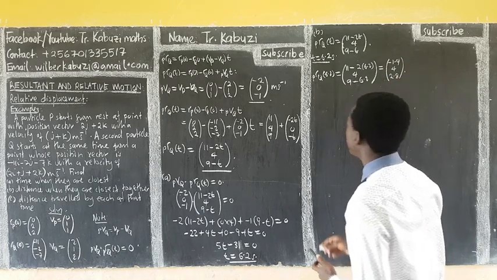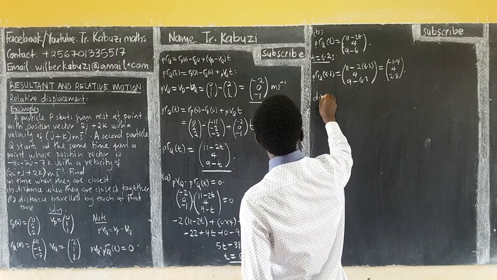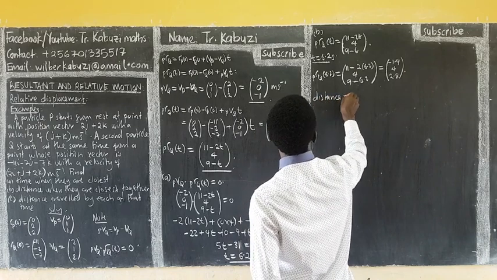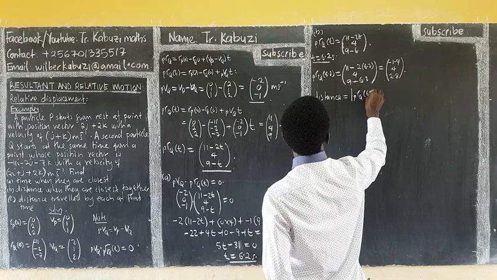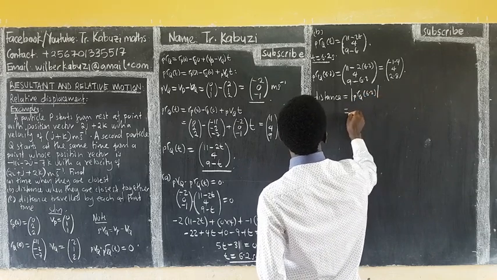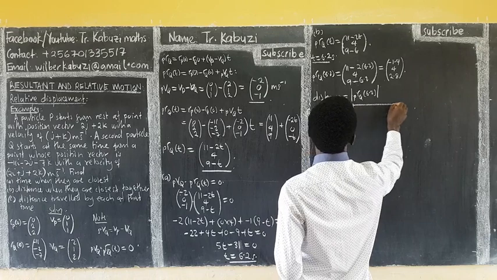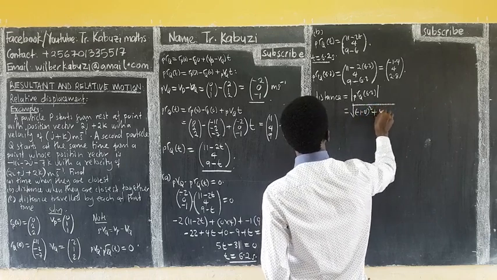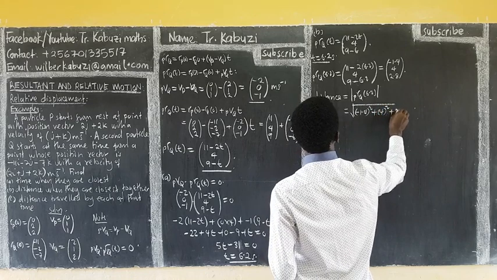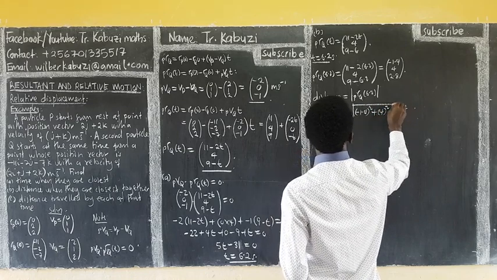So to get the distance, our distance will be the magnitude of PQ of 6.2, which is the square root of negative 1.4 squared plus 4 squared plus 2.8 squared.